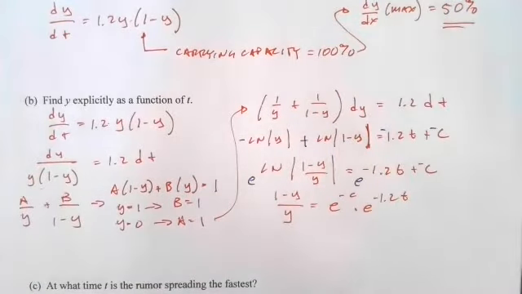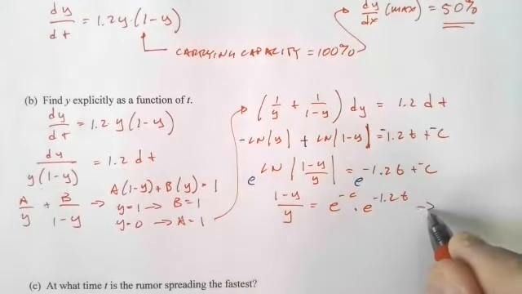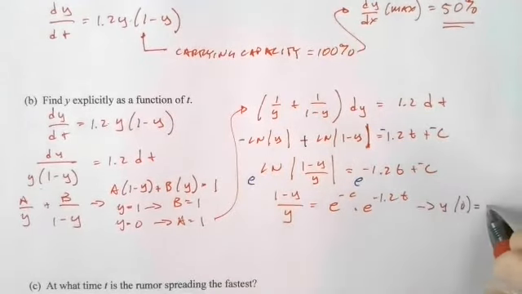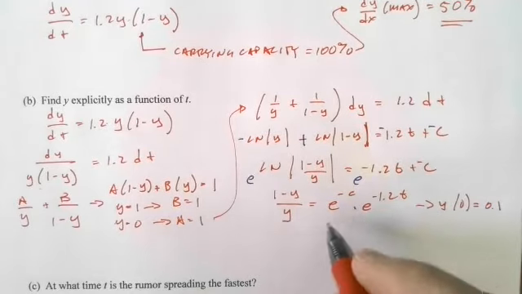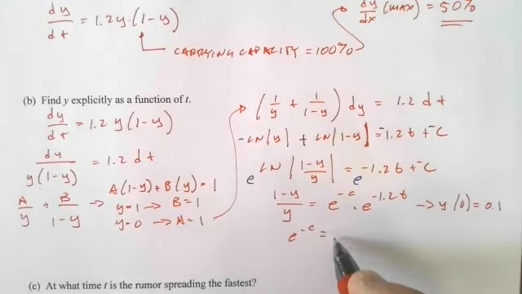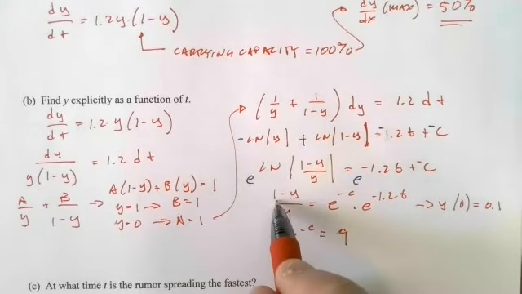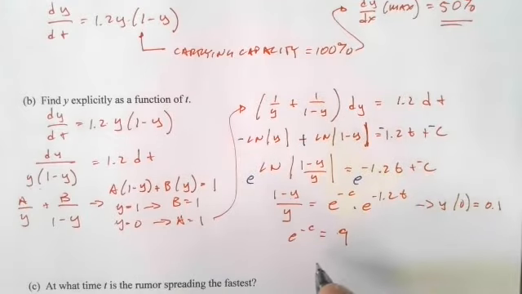We are at 0.1. So the initial condition is y naught equals 0.1. So plug it all together, we get e to the negative c equals 9. Put 0.1 in here, we get 0.9 over 0.1, 9.